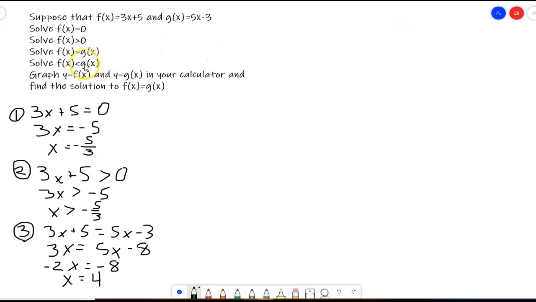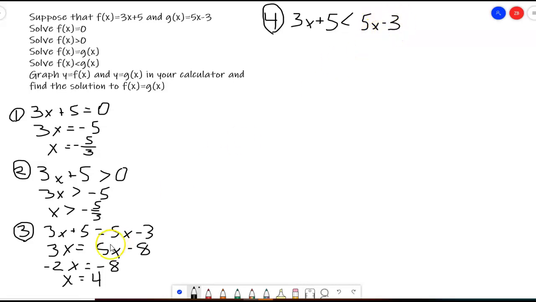Okay, so the next one says solve f of x is less than g of x. So let's start it up here, number 4. All right, so we're going to write the same thing. So 3x plus 5 is less than 5x minus 3.